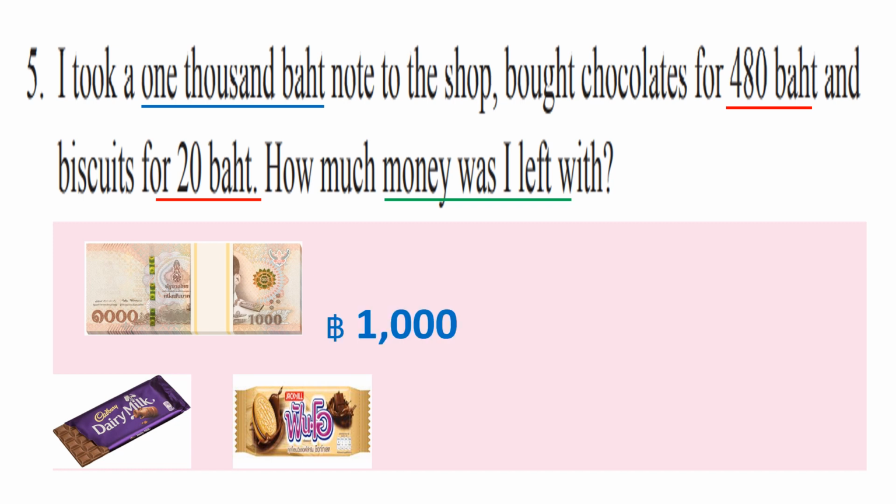To solve for this, you have a 1000 baht note, then you buy chocolates for 480 and biscuits for 20. You subtract it from 1000 baht. First, you add 480 plus 20, which equals 500 baht.